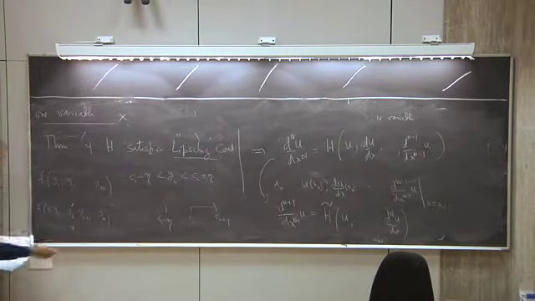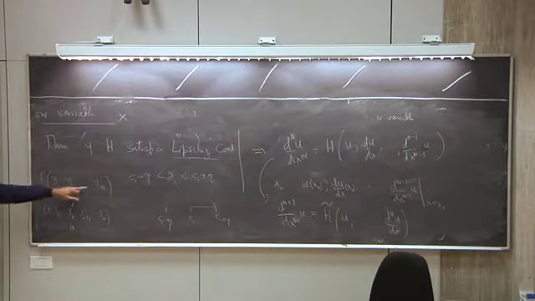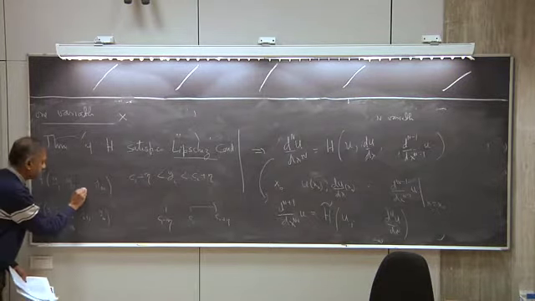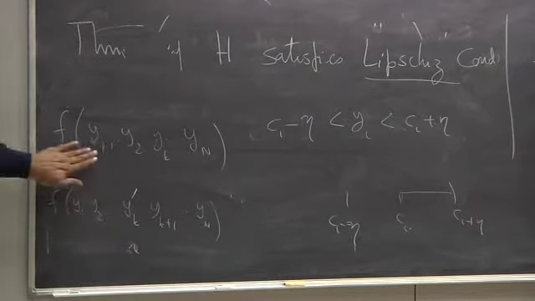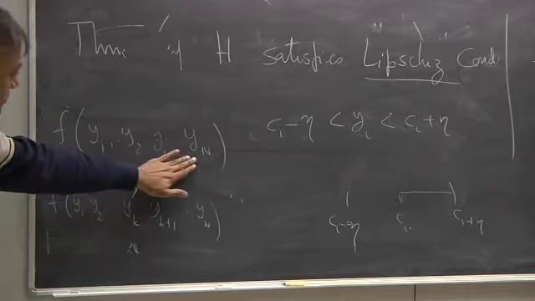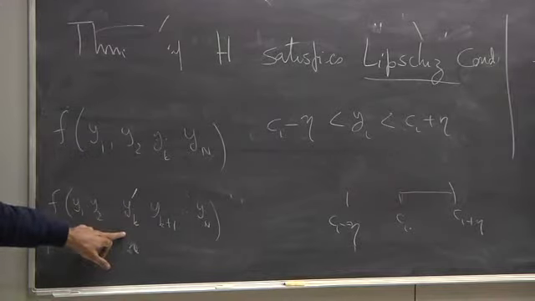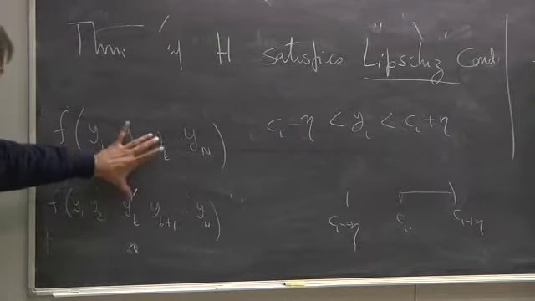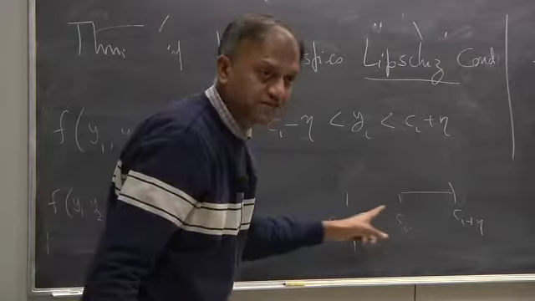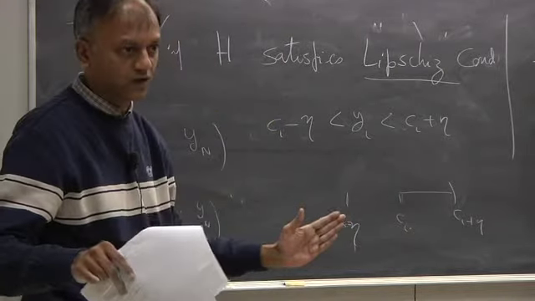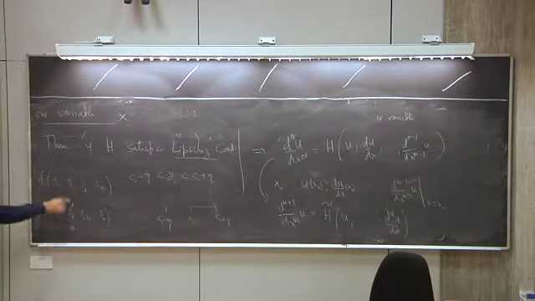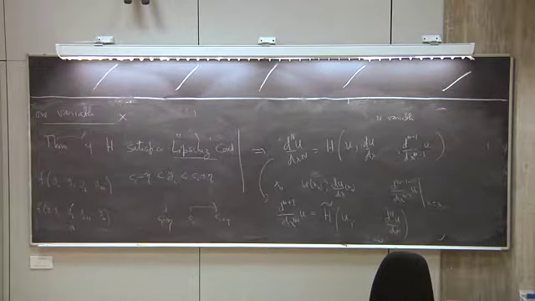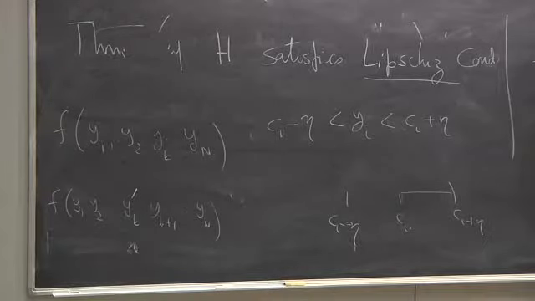So I consider the function f evaluated at these points, and another point where I keep all the other variables fixed and only change yk to yk prime, where of course both yk and yk prime are inside the range where you are allowing these variables to move. If I do this, then the absolute value of the difference between these two is bounded. The statement is this.